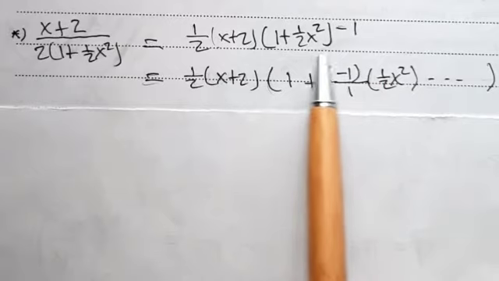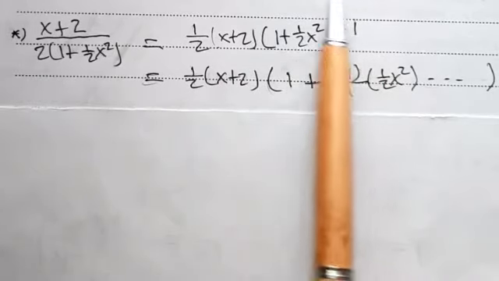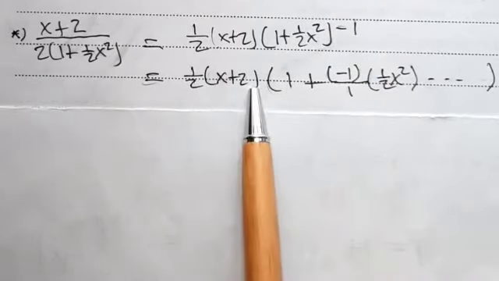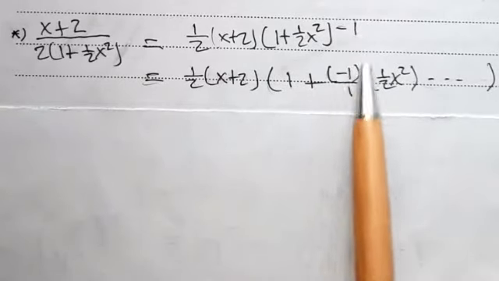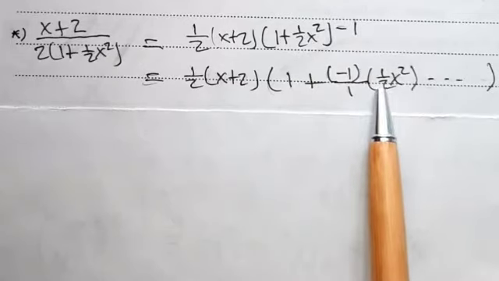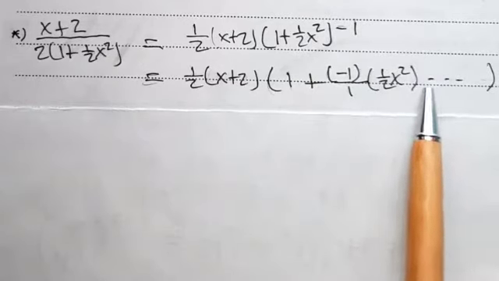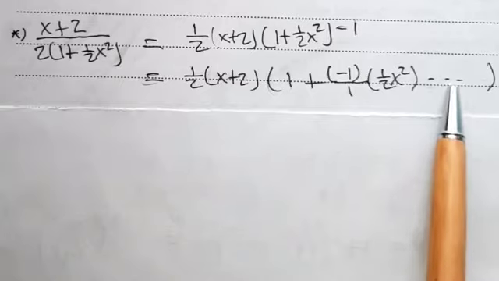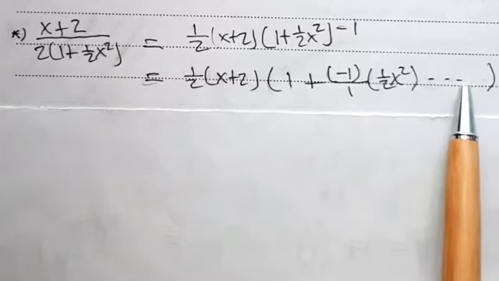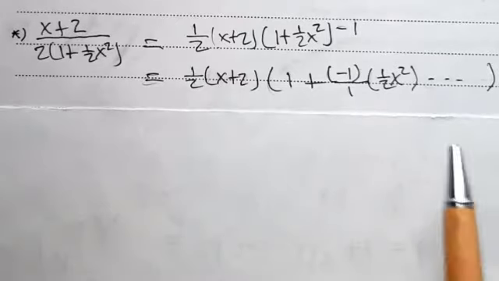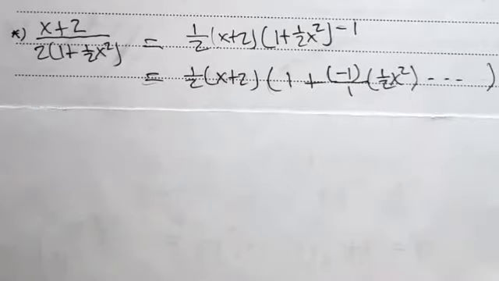We use binomial expansion again for this part, thus half (x plus 2), 1 plus power minus 1 per 1 times half x squared. Another term would be x to the power of 4, which is not included, thus that is enough here.